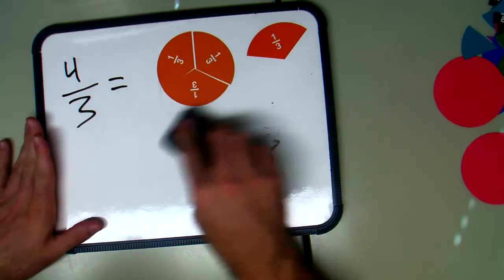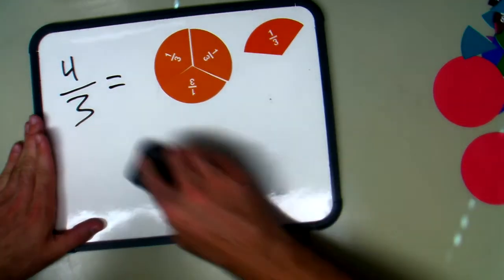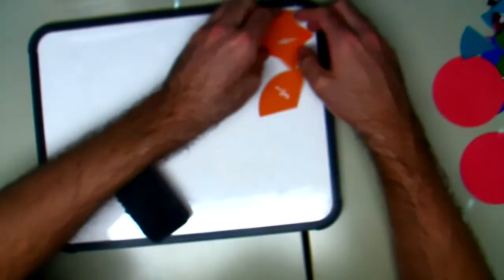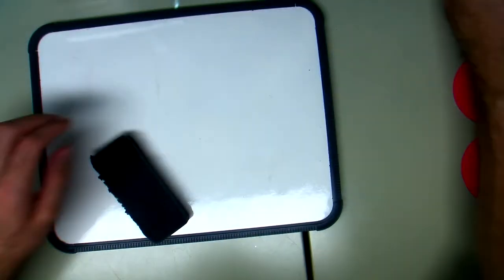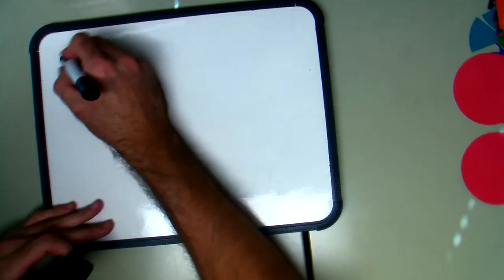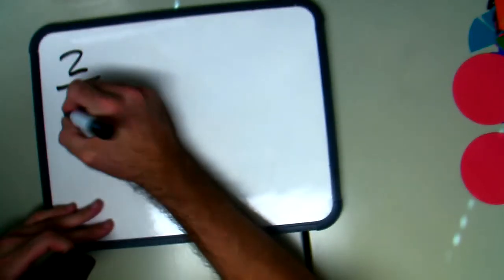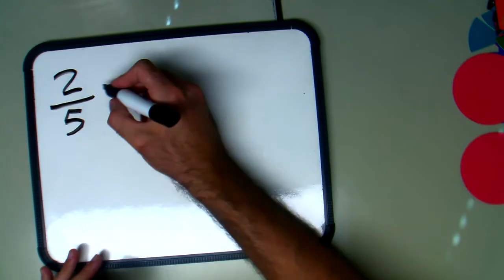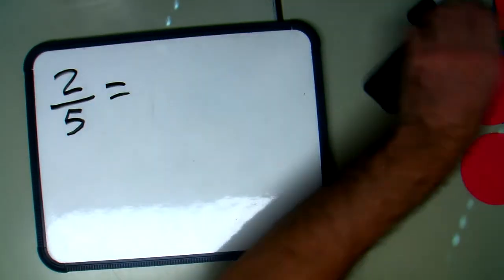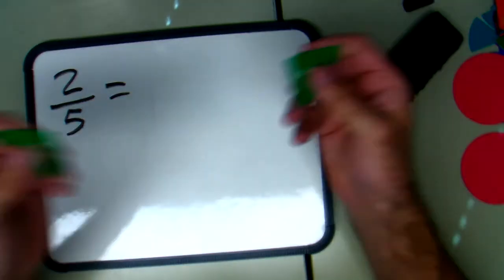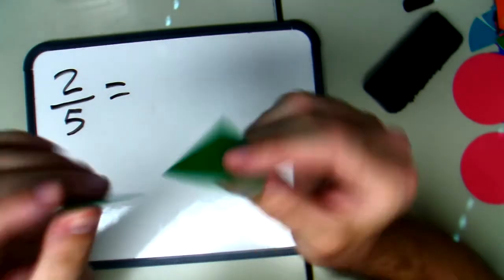Let's try this with a different denominator. Let's try 2/5. All right, 2/5, what does that equal? What does that look like? Well, here's fifths.